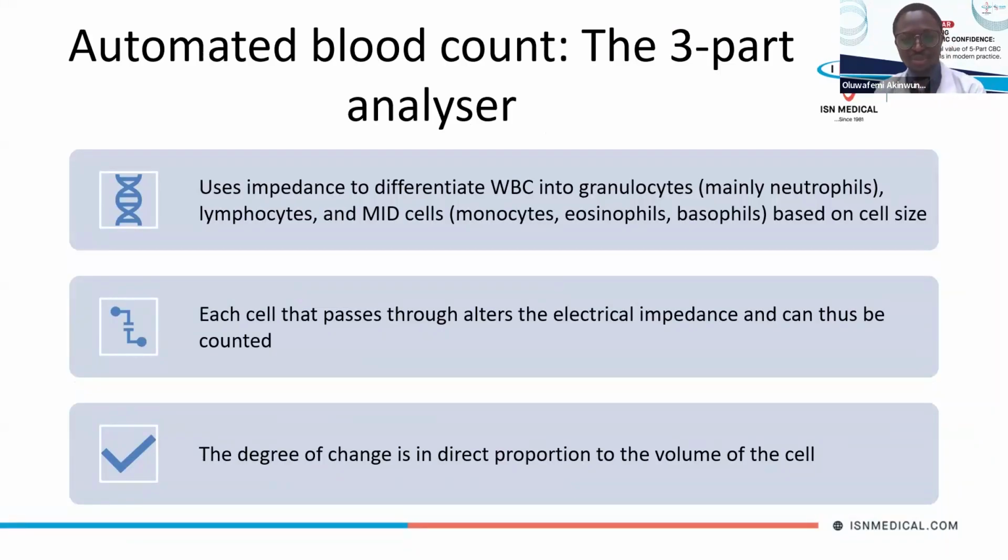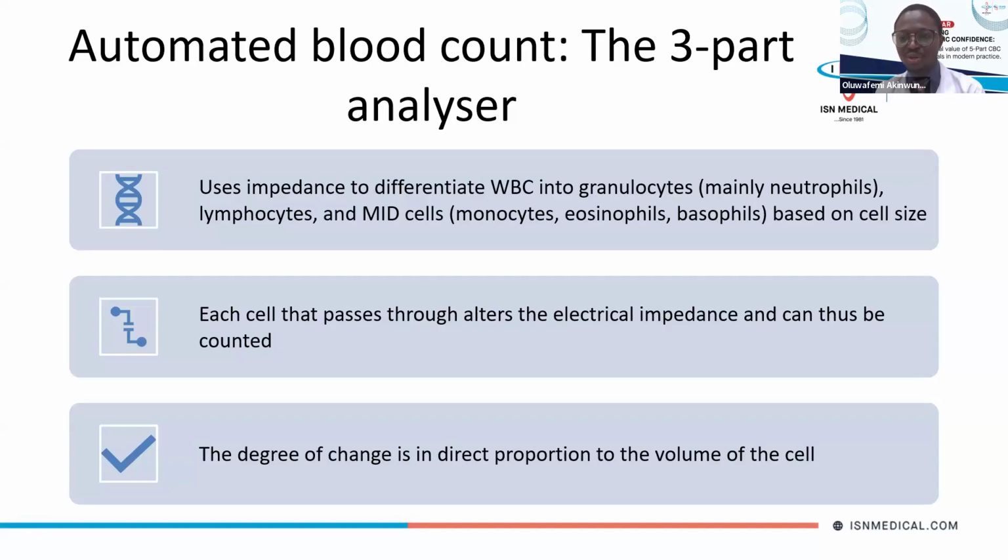Now let's look briefly at the automated 3-part analyzer. Like I've said, it uses impedance to differentiate WBCs into granulocytes, mainly neutrophils, lymphocytes, and mid cells, which are monocytes, eosinophils, and basophils.